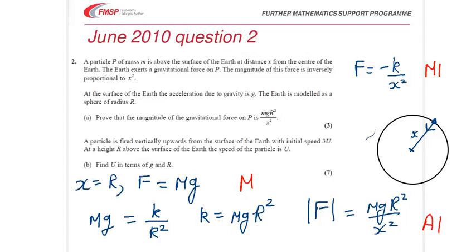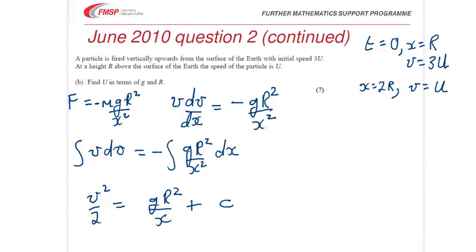Then for the main part of the question, there were a lot of method marks here, surprisingly many. There were 2 method marks for writing v dv by dx equals minus gr squared over x squared, and an M1A1 for correctly integrating it and getting a plus c.